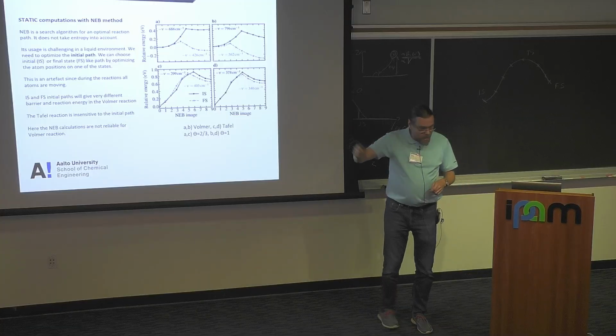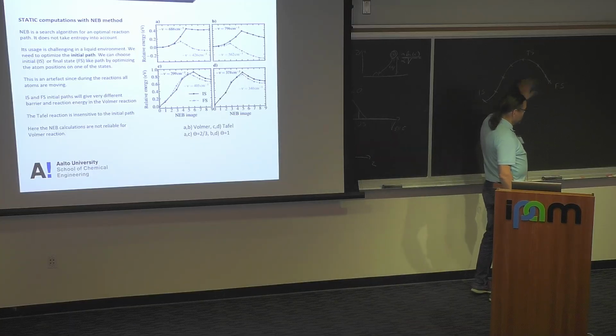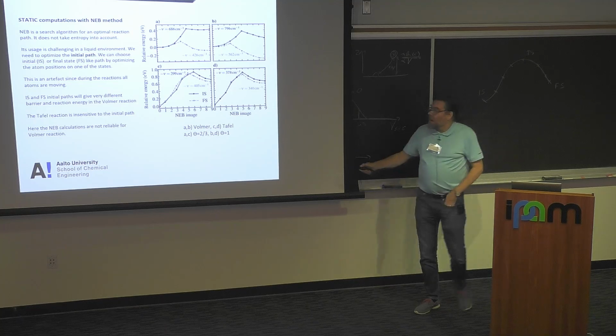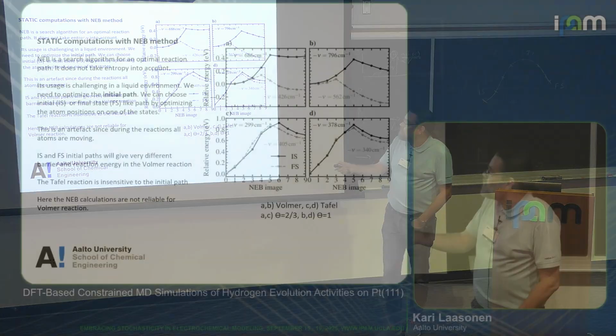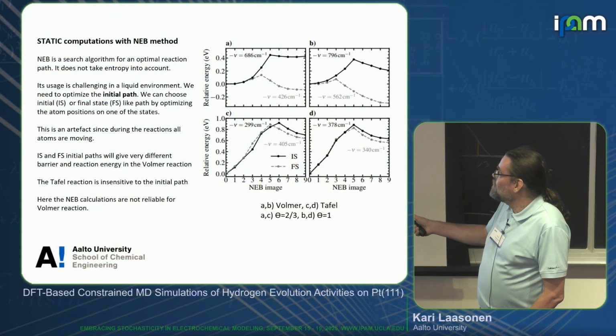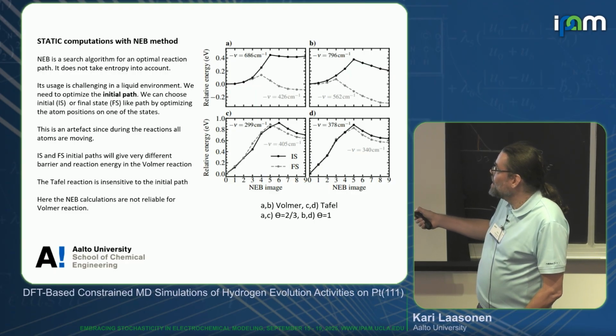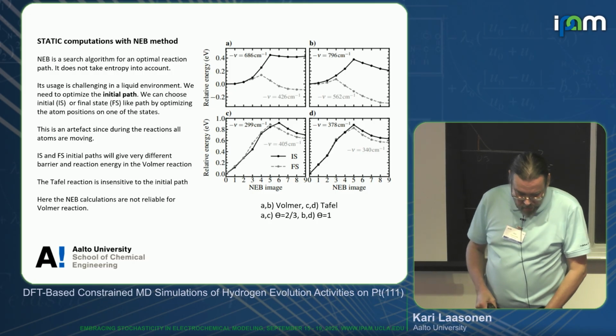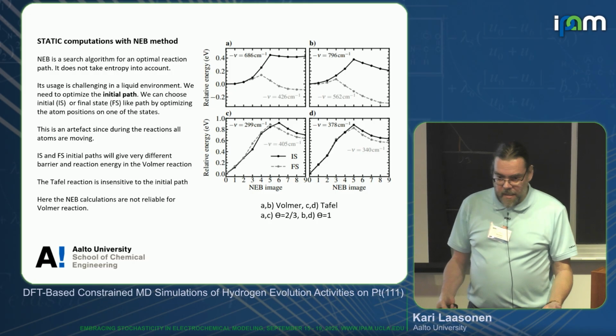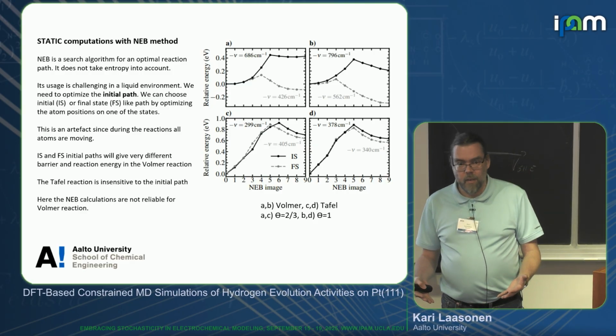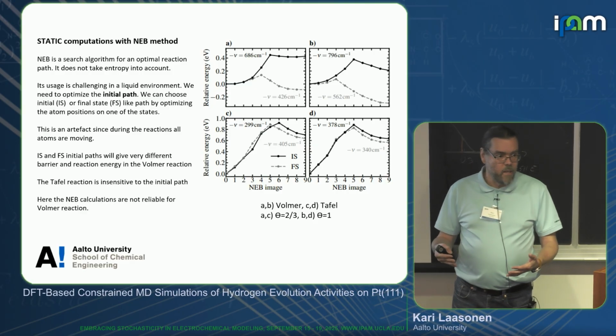Of course, I still have to know the final state. But the main problem here is that I get very different barriers, depending on whether I optimize the initial state or the final state, and I get a much lower barrier. So this is not reliable, and it makes sense because you are in a liquid or fluctuating environment.